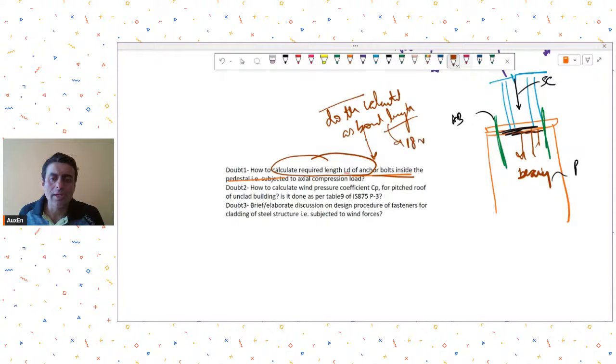Technically, it comes out to around 18 to 20 times the dia of the bolt. Okay, so generally speaking, in pure compression, you could do the same calculations as we do for development length for reinforcement. Under pure compression, a bolt length of around 18 to 20 times the bar dia shall be sufficient.